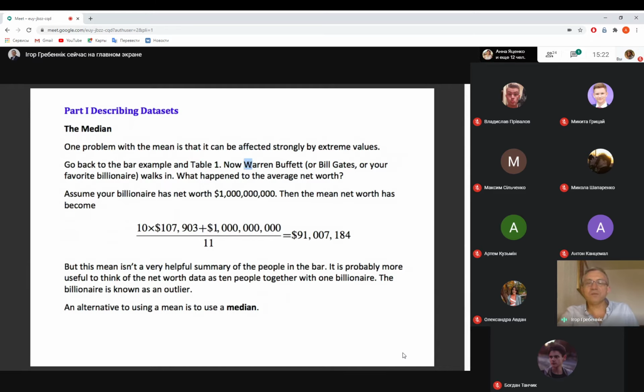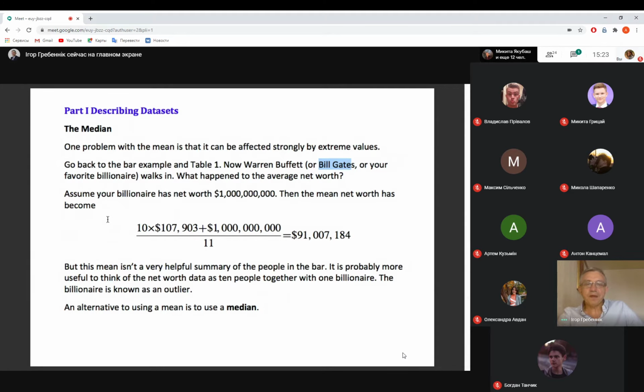Do you know who is Warren Buffett or Bill Gates? Maybe yes. Or your favorite billionaire. Let's consider the situation when a billionaire is added to these 10 visitors. What happened to the average net worth? We had only 10 visitors, and now we have 11 with Bill Gates.